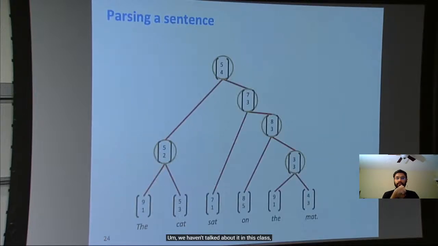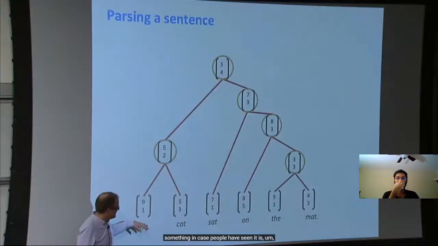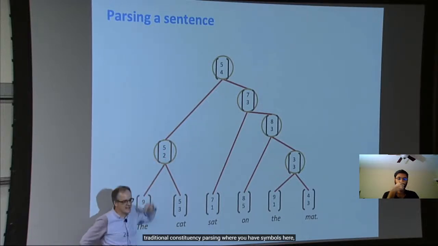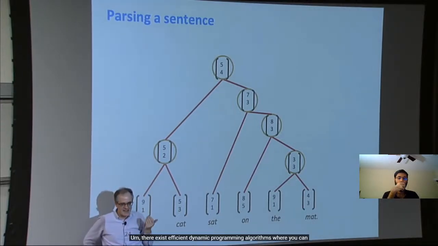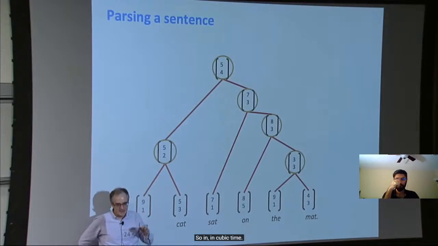We haven't talked about it in this class, but just to mention something in case people have seen it, is traditional constituency parsing, where you have symbols here like NP or VP. There exist efficient dynamic programming algorithms where you can find the optimal parse of a sentence in polynomial time, in cubic time.